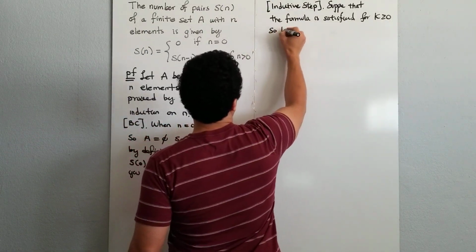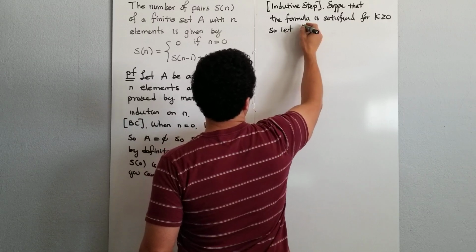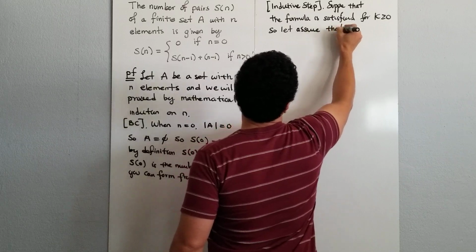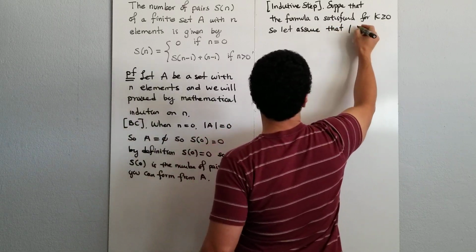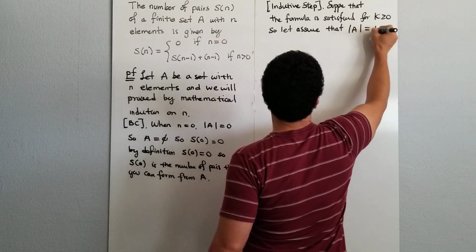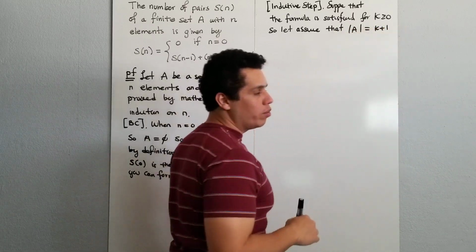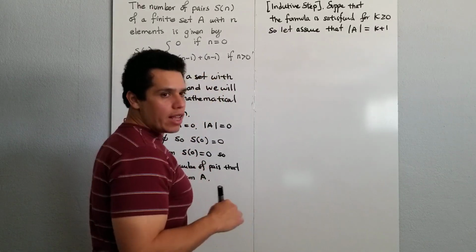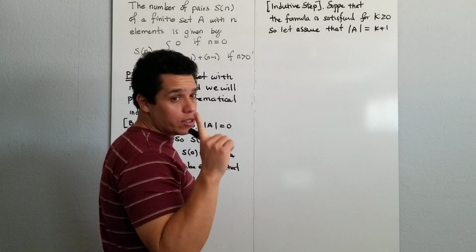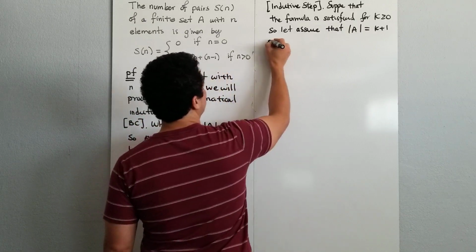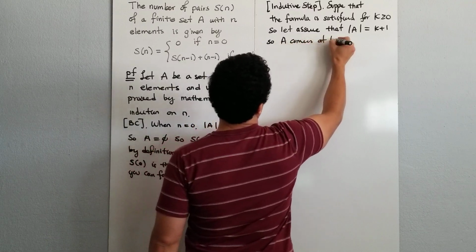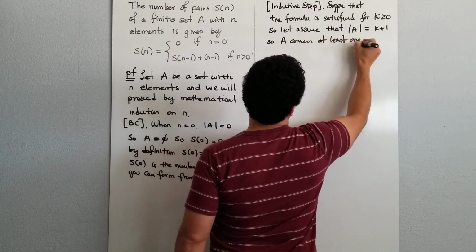So let's assume that the cardinality of A is K plus 1. So what this says is that A contains at least one element.